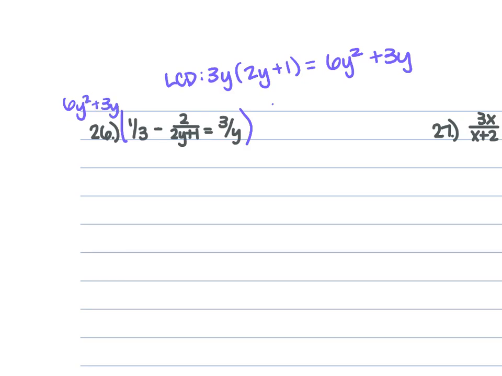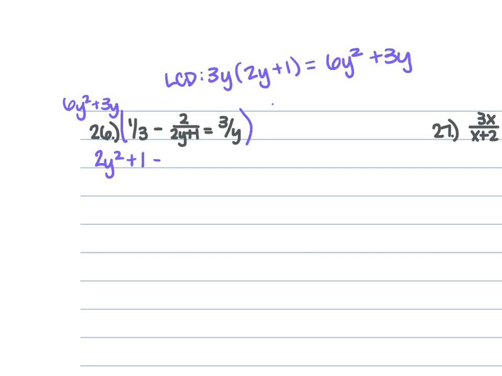Okay, so when we do this, the 3 is getting rid of the 3 and the 3y, so it's just y times 2y plus 1 being multiplied by the 1/3. So 2y squared plus 1 times 1 is 2y squared plus 1.